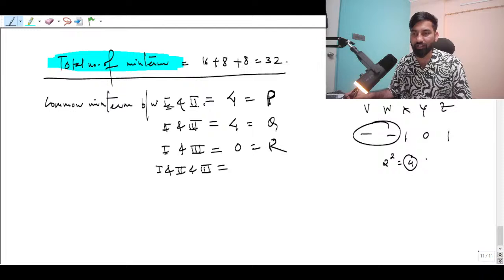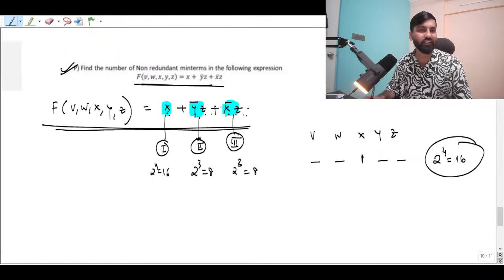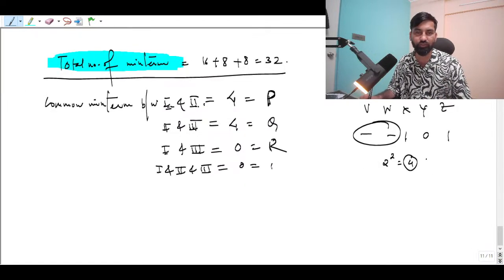And what is common among all? Common among all is nothing again, because of x, x bar, g and y bar g, so it is also going to be 0.